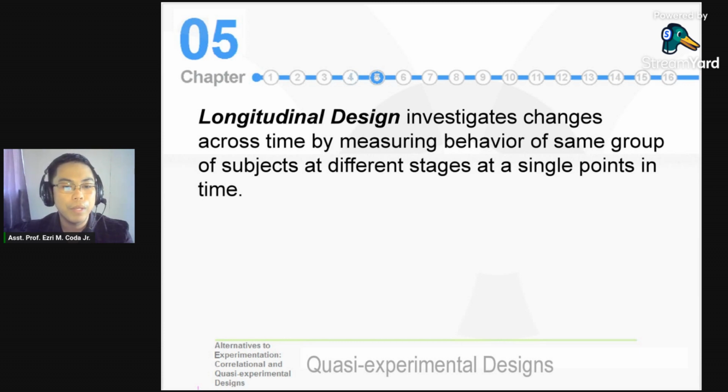For example, the same subjects, ito same group of subjects, and then their mental health nila, mental status nila were being examined at the age of 15 or adolescent. And then they were being tested again at the age of 20 or 21 during the early or emerging adulthood stage. The same subject pa rin. Sila pa rin yung tinest sa unang point of time at sa last or panghuling point of time.